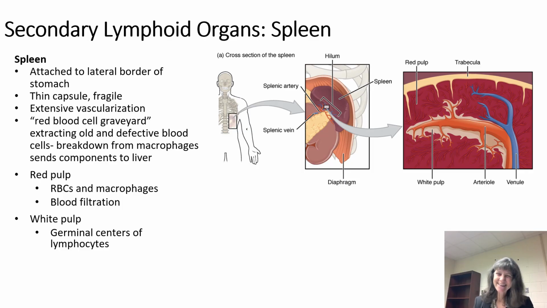When we look at this under the microscope, remember that lymphocytes have a nucleus that takes up most of the cell, and it stains dark, so sometimes the white pulp actually appears darker under the microscope. The white pulp tends to cluster around blood vessels in areas known as cuffs, and you can see that in this picture on the right hand side, how there's more white pulp surrounding the blood vessels.